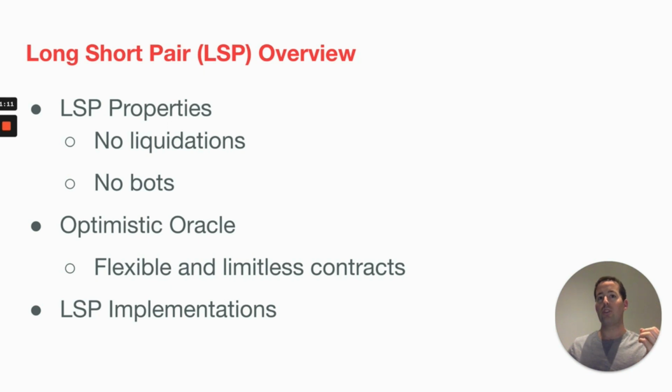But the root of this flexibility comes from how the optimistic Oracle is able to easily provide access to data regardless of how unique or bespoke that data is. That data can then be read by the LSP contracts and be used by the LSP contracts to compute and determine financial payouts.